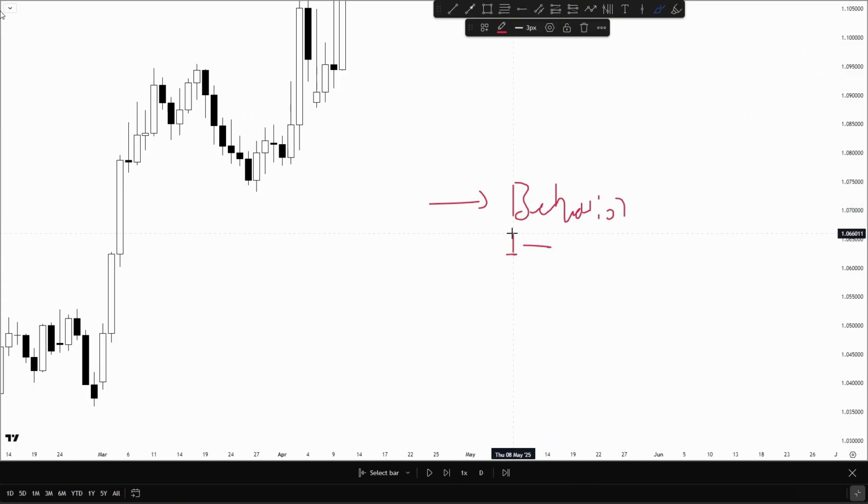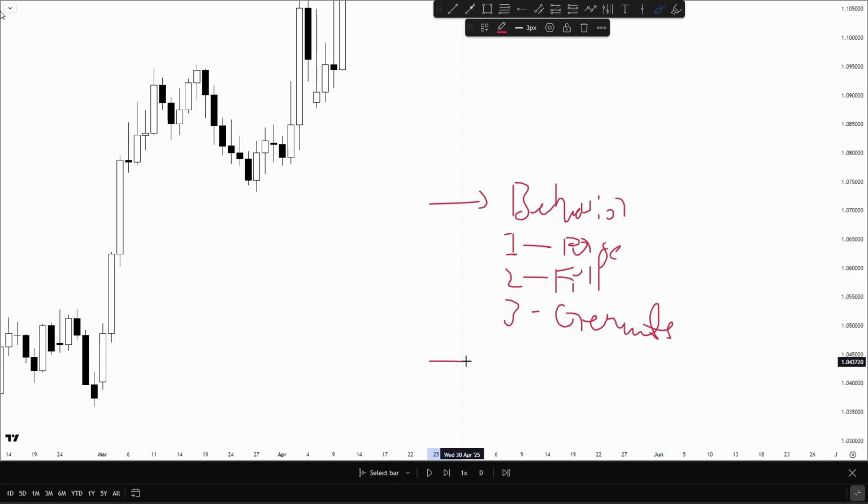Either it has to purge liquidity, fill liquidity, and/or generate liquidity. And once it shows one of these behaviors, the second thing is that it must be engulfed by a candle or a group of candles.